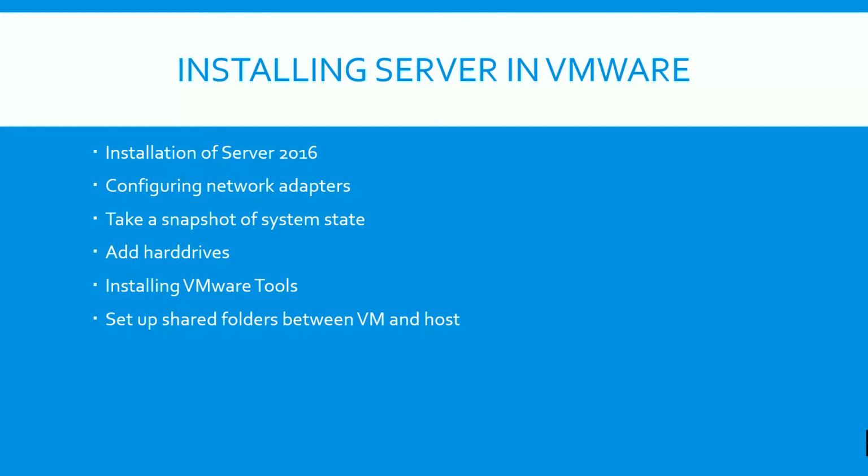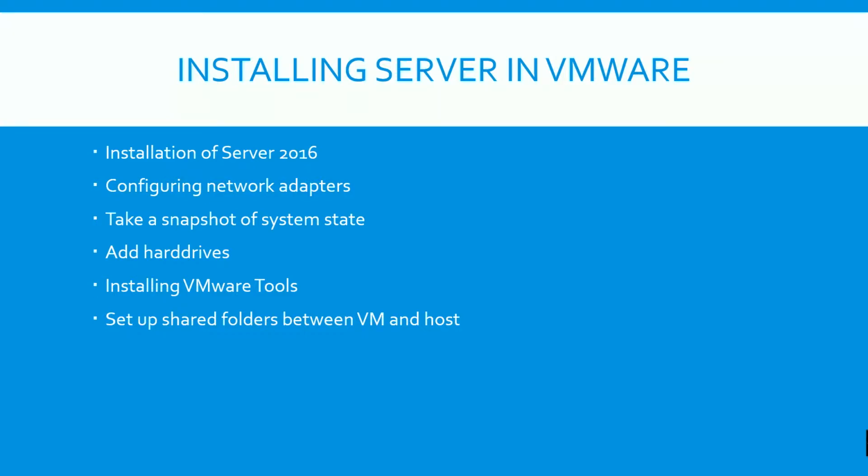We are also gonna take a look at Hyper-V, but not in this video. I will make a video to go through the same process in Hyper-V as well when it comes to the installation and network configuration. But we're gonna mainly work with VMware software for now. So we're going to install Windows Server 2016, which is the latest version.